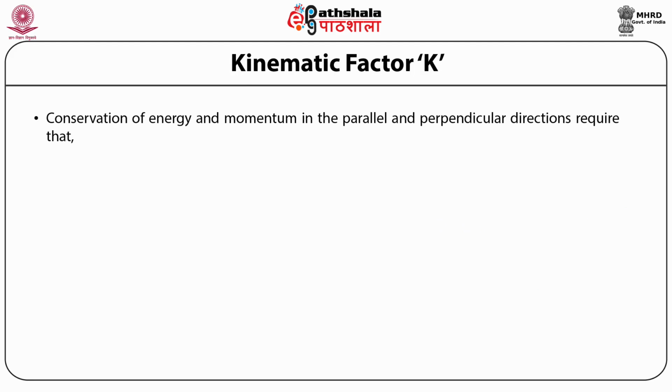The conservation of energy and momentum in the parallel and perpendicular directions require that half m1 v0 square is equal to half m1 v1 square plus half m2 v2 square.